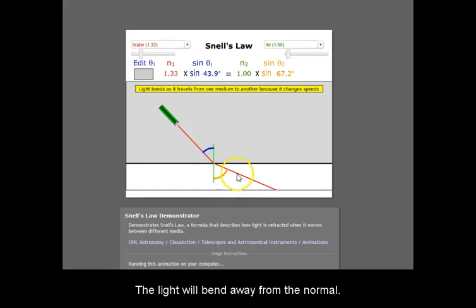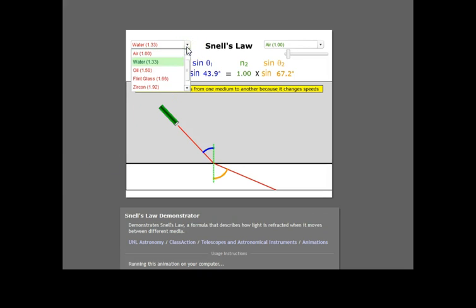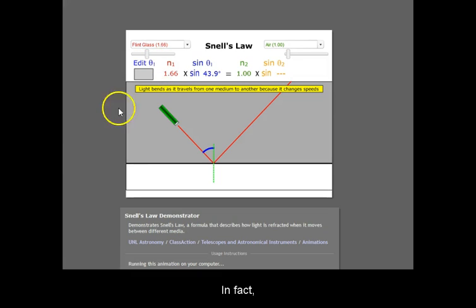The light will bend away from the normal. In fact, this has important implications for fiber optics.